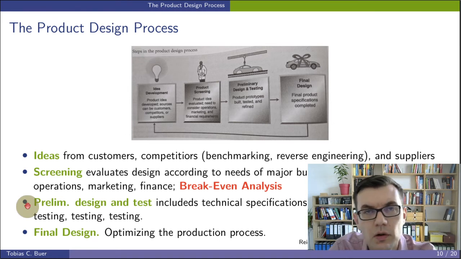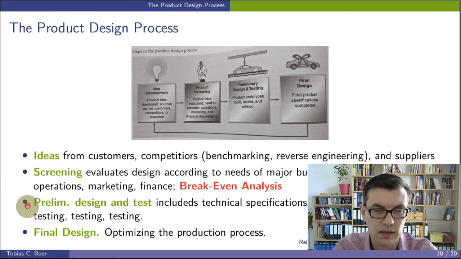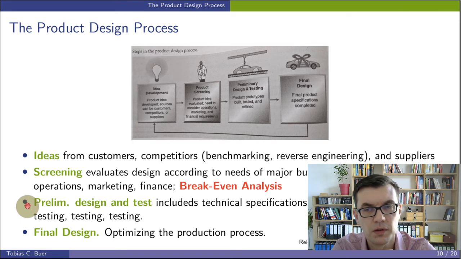We try to build a prototype of our product, we show it to future customers, we try to use it. Is it already, do we need to improve something? There's a lot of testing involved, and yes, that's done during the prototype phase.